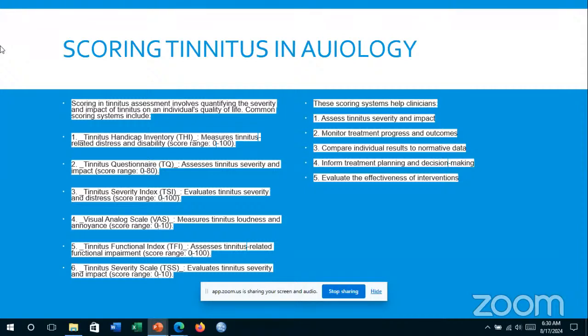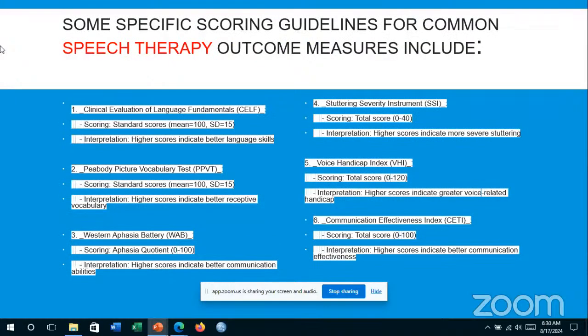Some specific scoring guidelines for common speech therapy. For the speech therapy, you can use clinical evaluation of language fundamentals. The mean is 100 and standard deviation is 15. So interpretation, higher scores indicate better language skills. We have Peabody picture vocabulary test as well as one of the scoring measures.